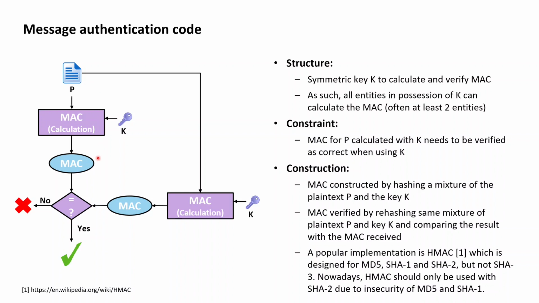The plaintext together with the MAC tag could then be stored or sent to the receiving party that owns a copy of the symmetric key K. The receiver can then verify the integrity of the plaintext by recalculating the MAC tag with the same symmetric key, and if the recalculated MAC tag is the same as the MAC tag received, the receiving party can conclude that the plaintext received is correct and complete, and as such is in the same state as when the plaintext was sent by the sender.